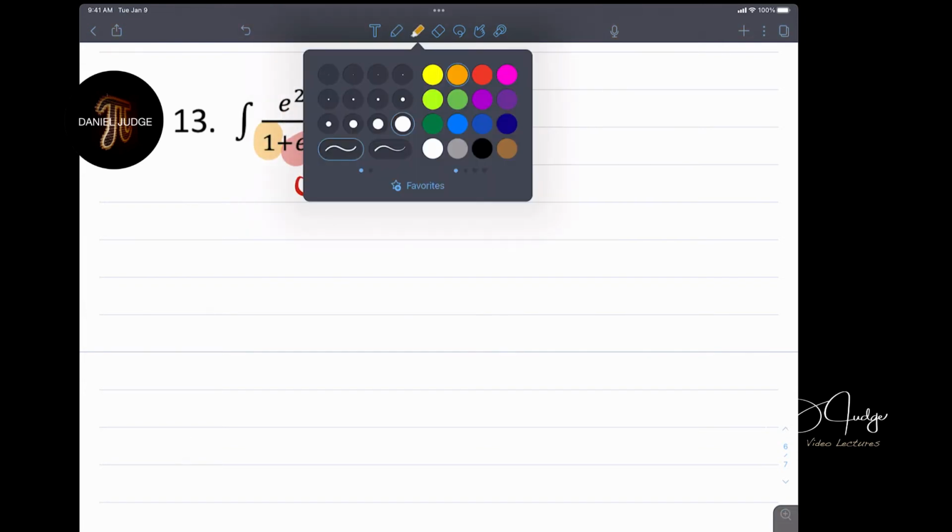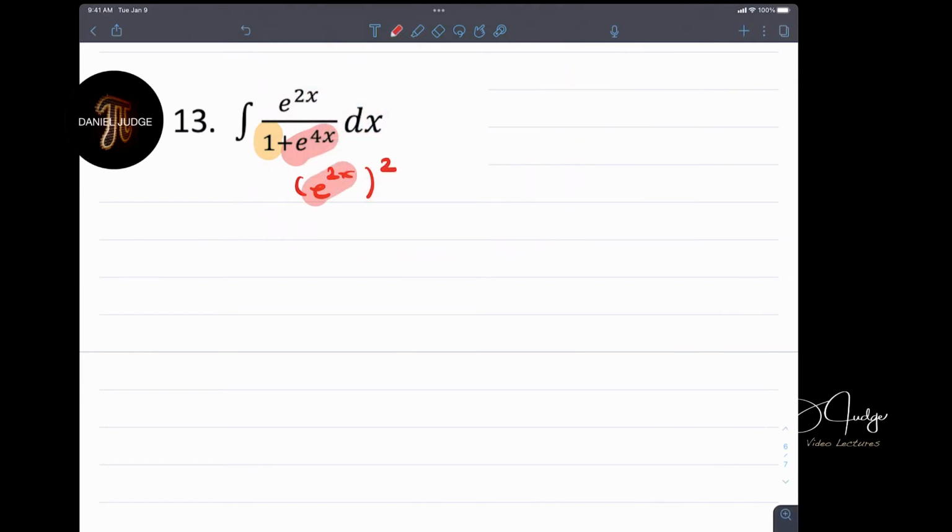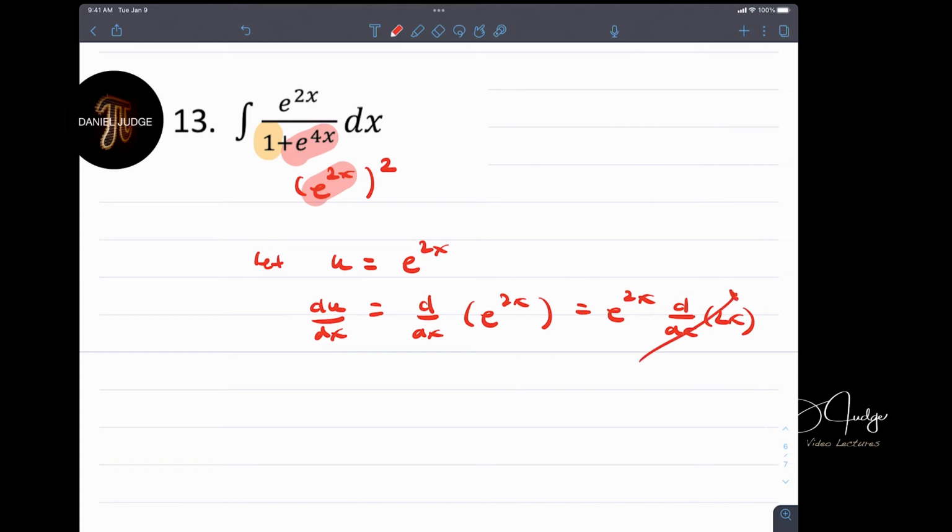So what we're going to say now is we're going to let u be this e to the 2x. So du dx, we differentiate e to the 2x, which is e to the 2x times the derivative of 2x, and that's a 2. du dx becomes e to the 2x times 2.